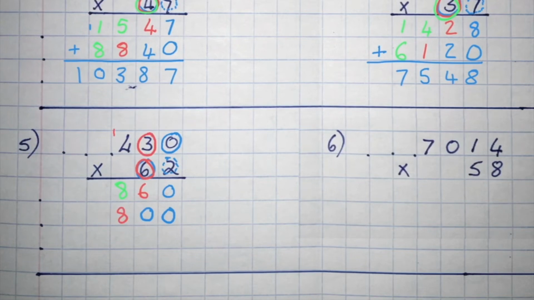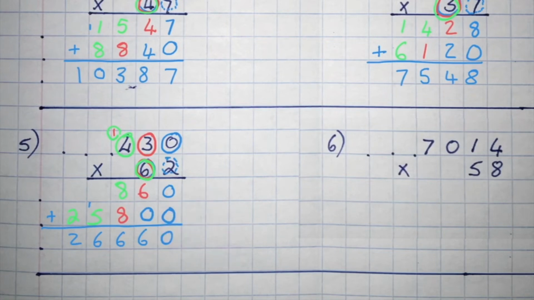I then have 6 multiplied by 4 and add the 1. 6 times 4 is 24, plus 1 is 25. There are no further numbers, so we simply add 0, 6, 16, 6, and 2.